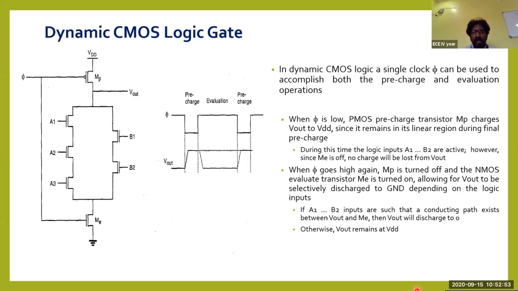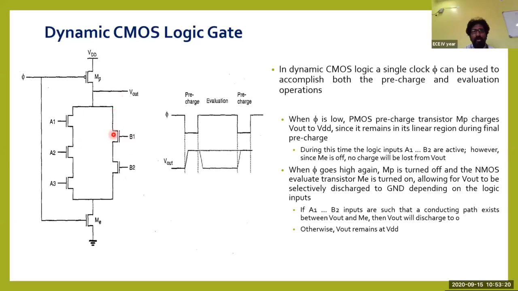But otherwise, if these transistors are not turned on, that's why I have given the example. If A2, A3 and B2 are turned on, but A1 and B1 are turned off, there is no path from the drain of A1 and the drain of B1 to reach the drain of A2 and the drain of B2.